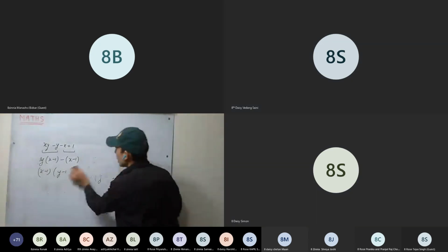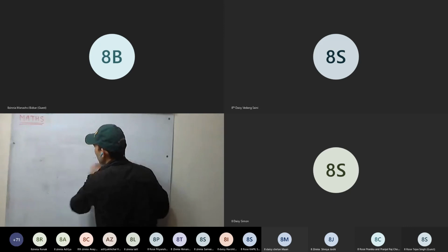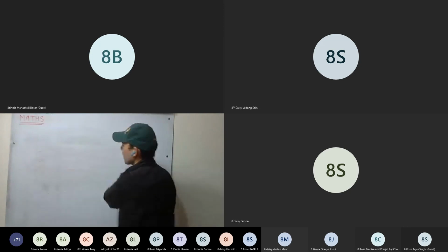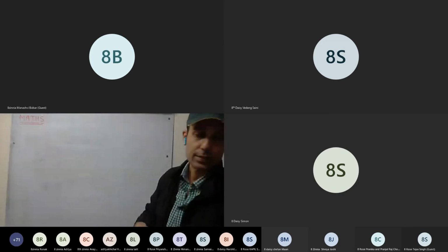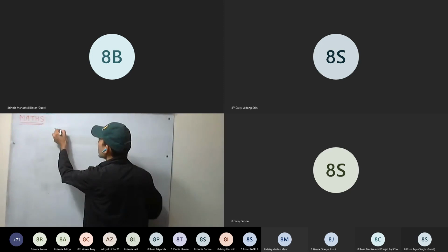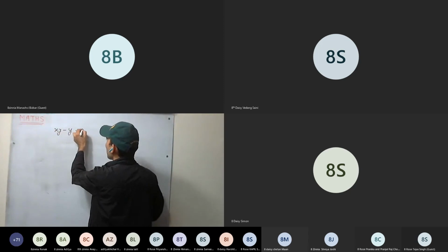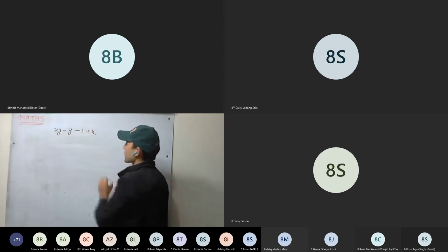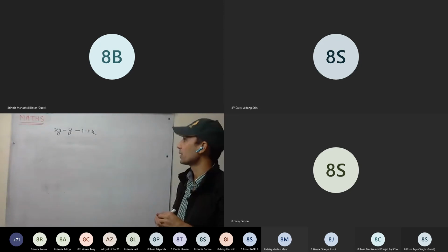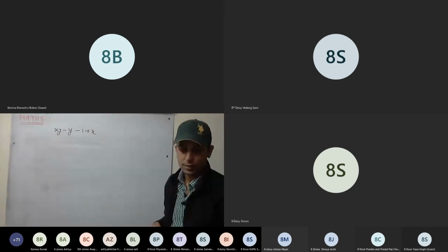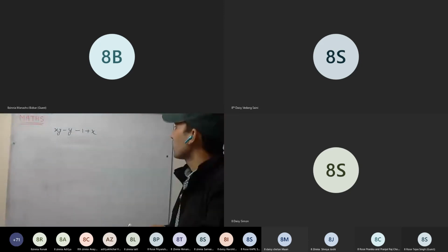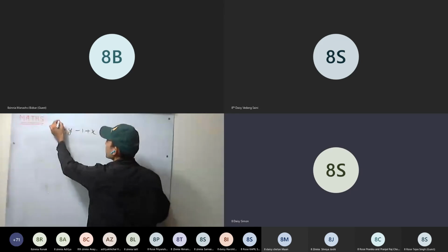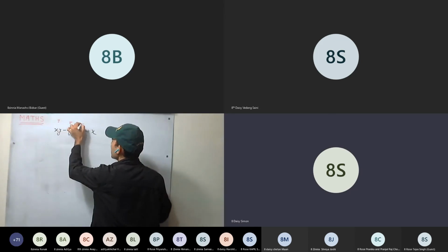Okay, I'll write it again. The whole question I will start again. Okay. So the question was xy minus y minus 1 plus x. Okay. This is the question. Now, which terms should I take? First, second, third, fourth.